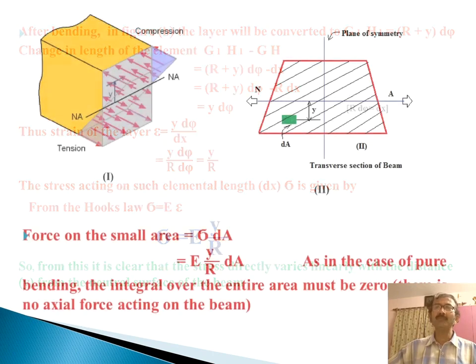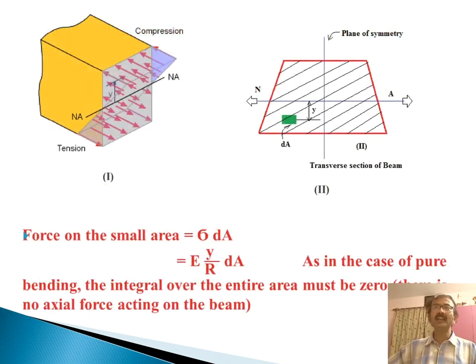From diagram 1, it is the part of the beam and NA is the neutral axis. Just above the neutral axis, the portion is subjected to compressive force, and below it is tension. Diagram 2 is the transverse section of the beam.